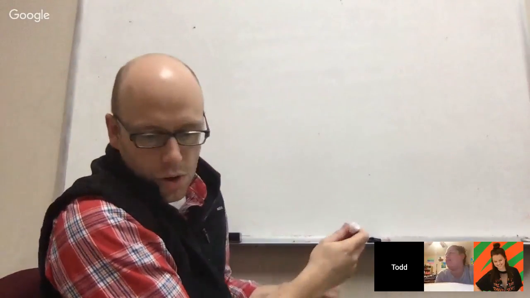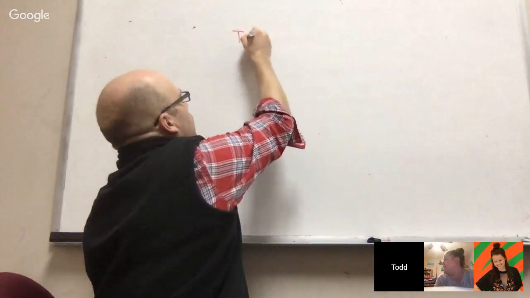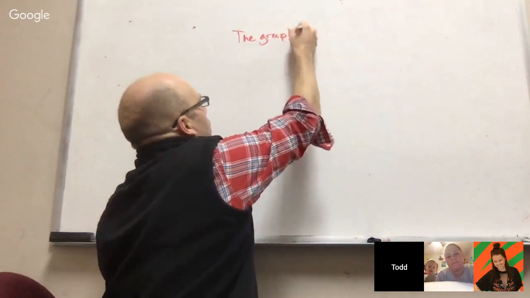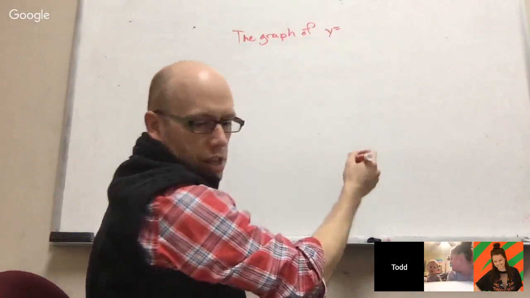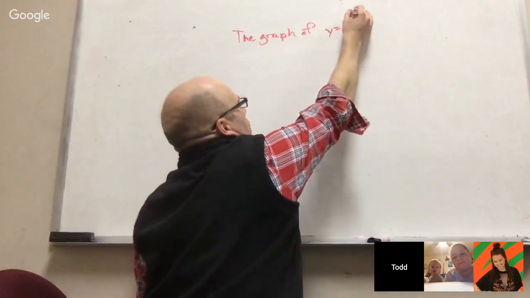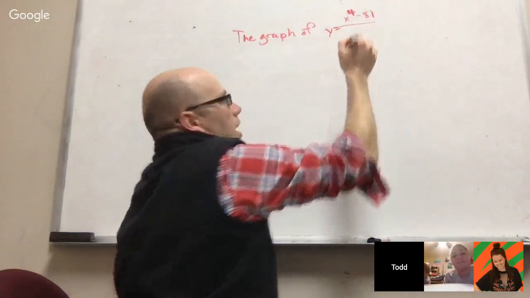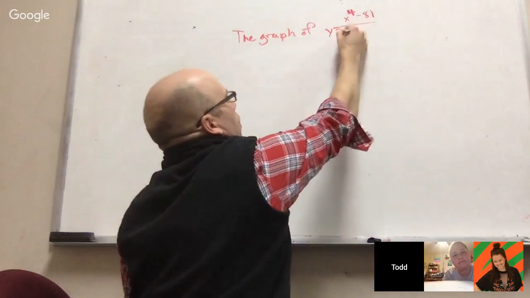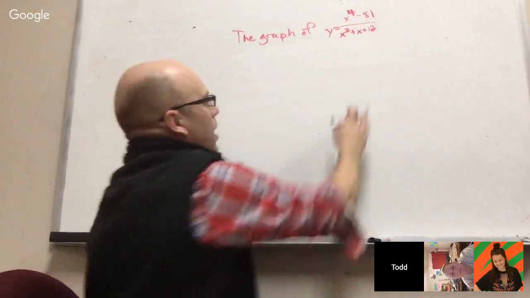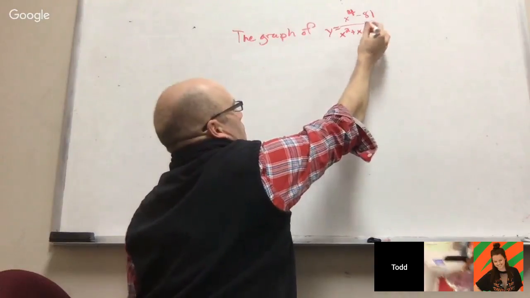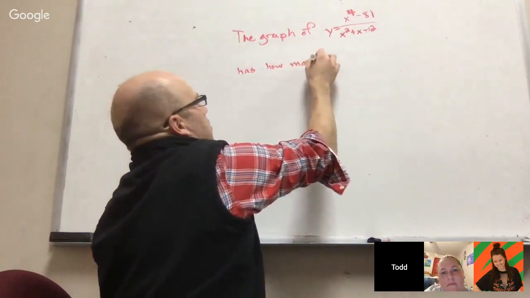Okay. So the question here was the graph of y equals x to the fourth minus 81 over x squared plus x minus 12 has how many asymptotes?